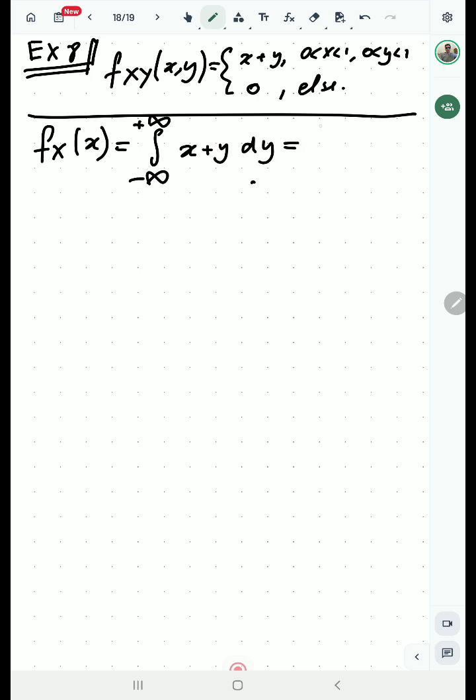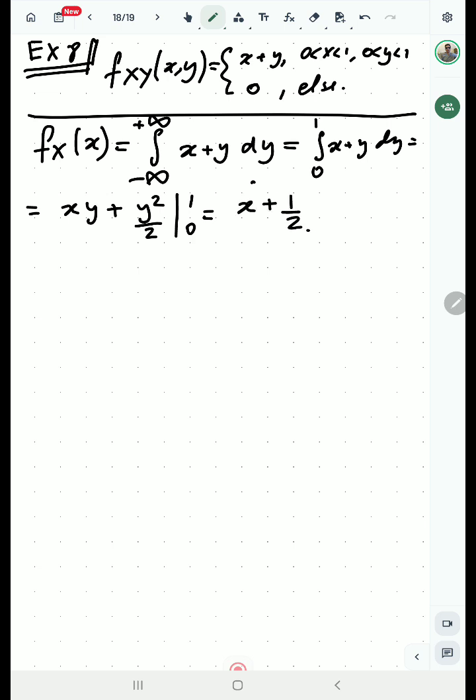Because y changes only within the 0, 1 interval, I can change the boundaries of the integral. So this is the integral of x plus y dy. If you do that, you're going to receive xy plus y squared over 2 evaluated within this interval, and that gives you x plus 1 over 2. Due to symmetry, I don't need to make any integral calculation. I know that f_Y(y) is going to be equal to y plus 1 over 2.